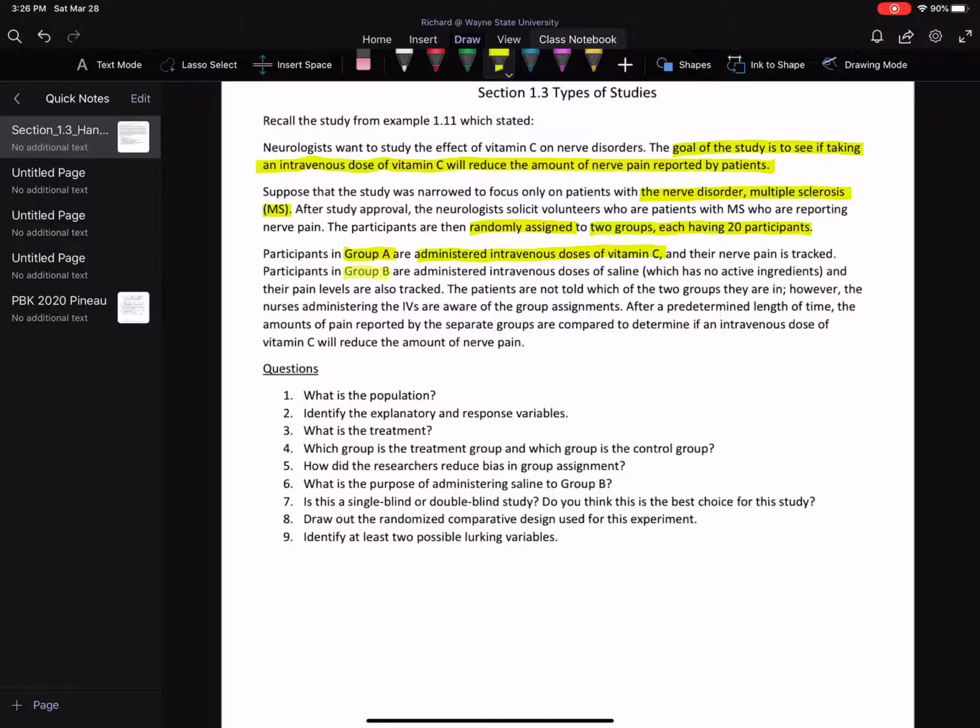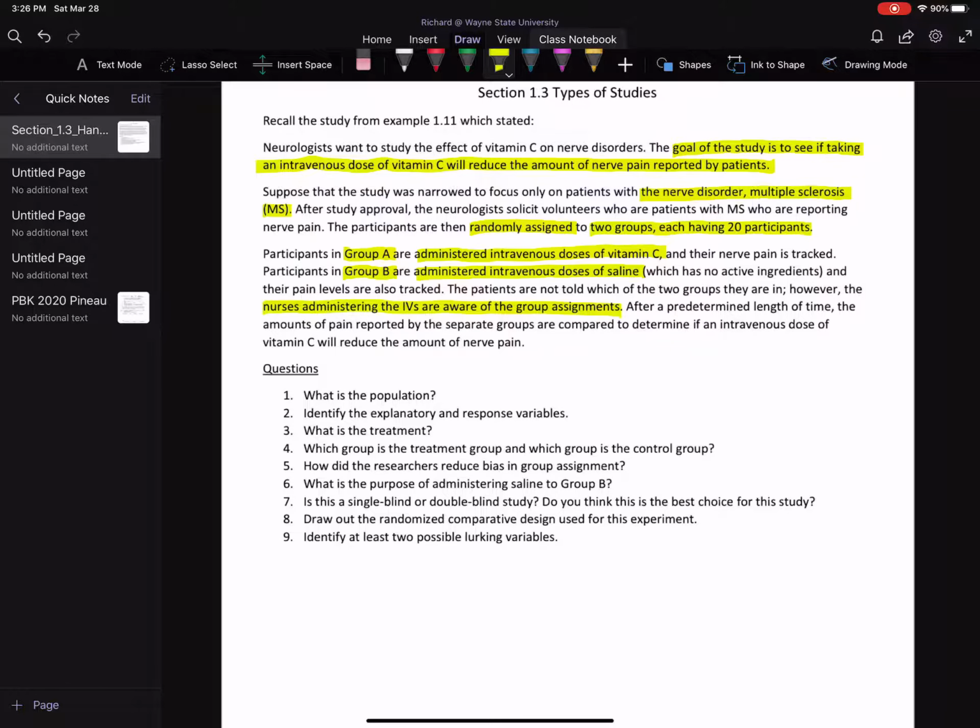Participants in Group B are administered doses of a saline, which has no active ingredients, and the pain levels are tracked. Patients are not told which of the 2 groups they are in. However, the nurses administering the IVs are aware, so the nurses know which group everybody is in.